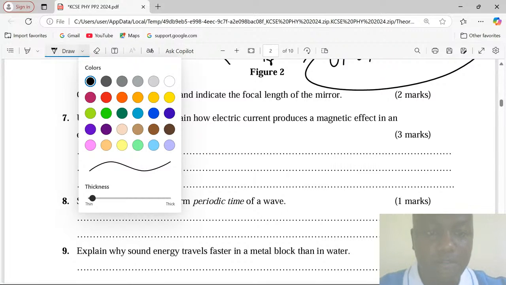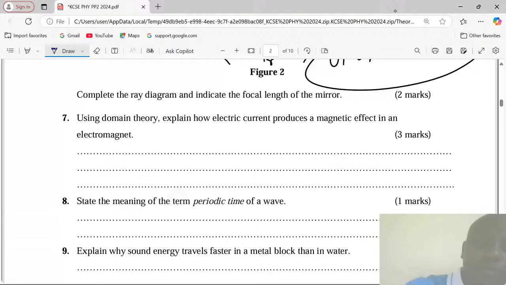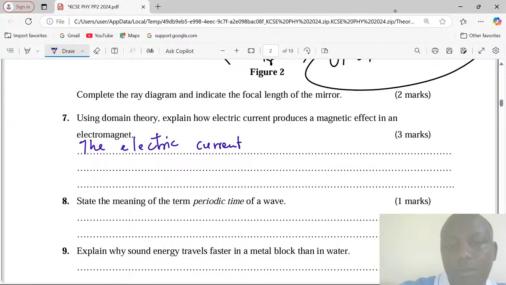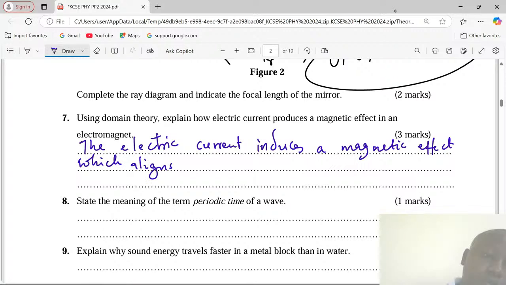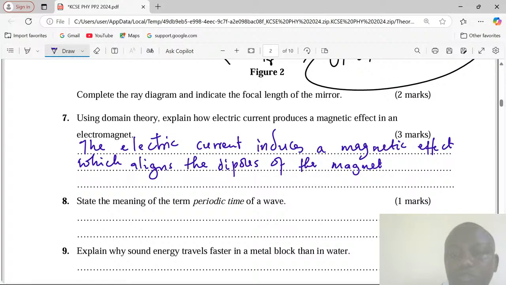Therefore, we say very fast that the electric current induces a magnetic effect which aligns the dipoles of the conductor, leading to an electromagnet.